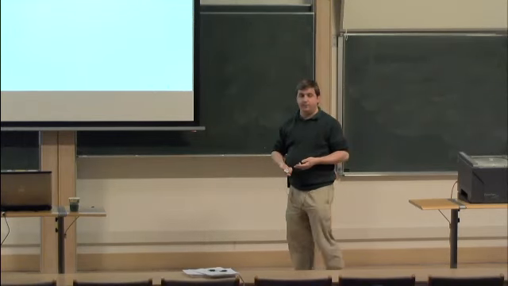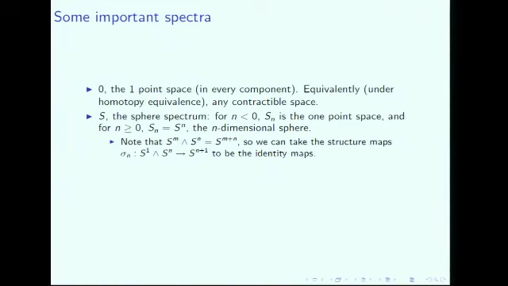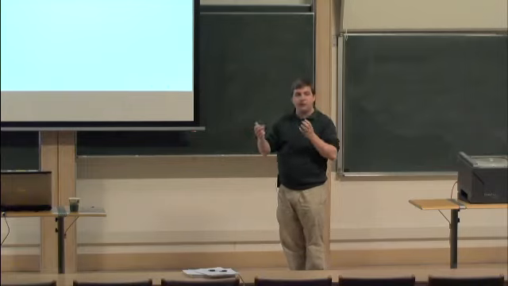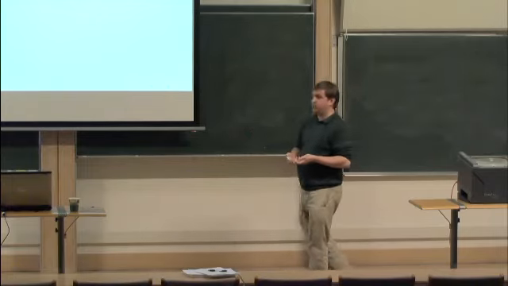That is an important one. The other really important one is the sphere spectrum. In negative components you just take the one-point space, but in positive components you take the n-dimensional sphere. Note that if you've got two spheres and you smash them together, the dimension just adds up. And so in particular the structure map we can just take to be the identity map or the canonical homeomorphism, however you want to think of it.